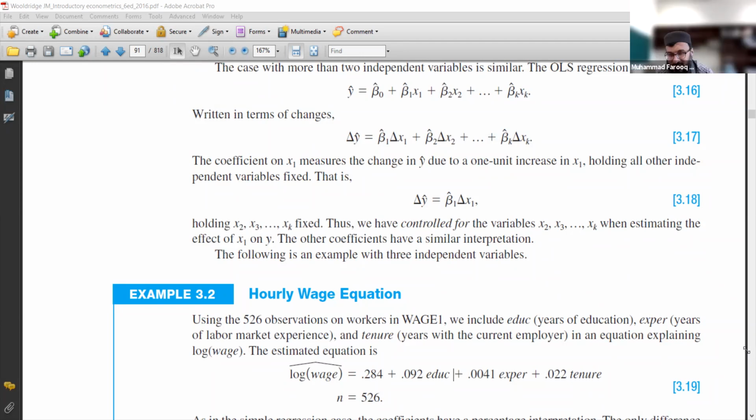So even if you add the coefficients of experience and tenure, you get 0.0261, right? 0.0261 compared to 0.092. So that's not even 1/3 of the education coefficient, right?